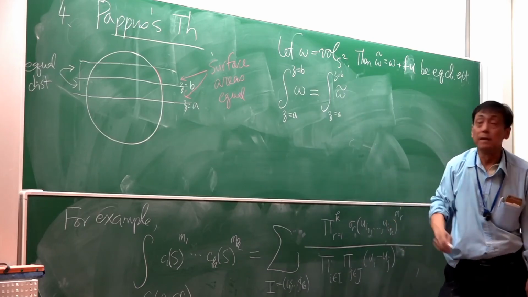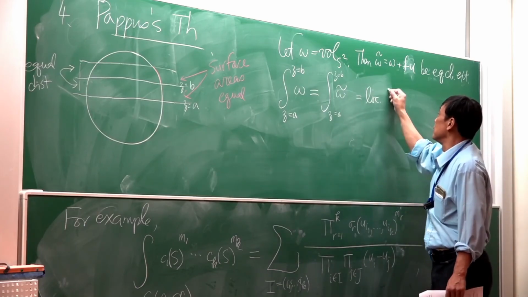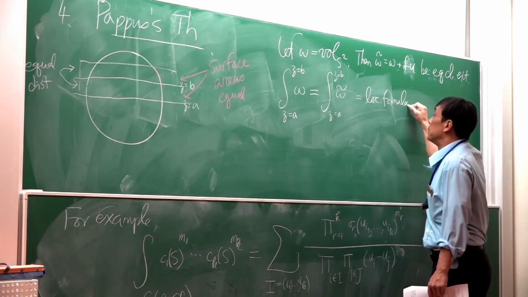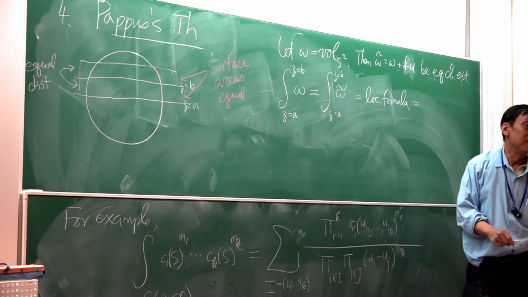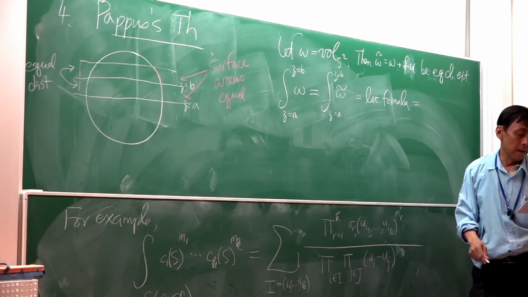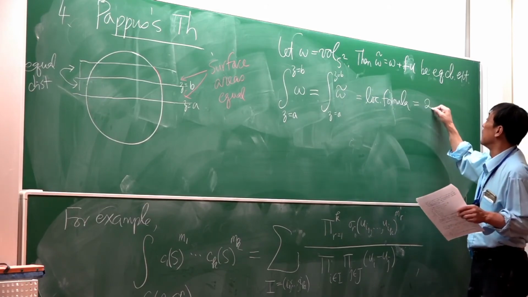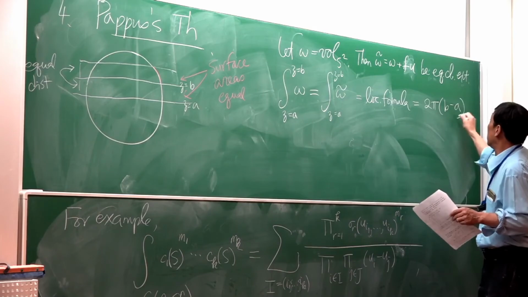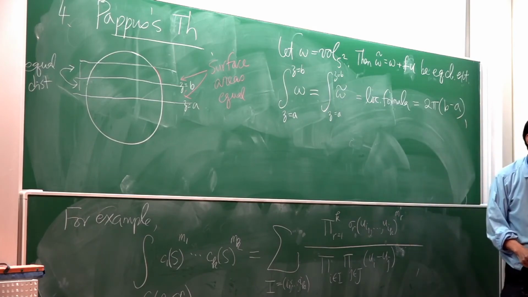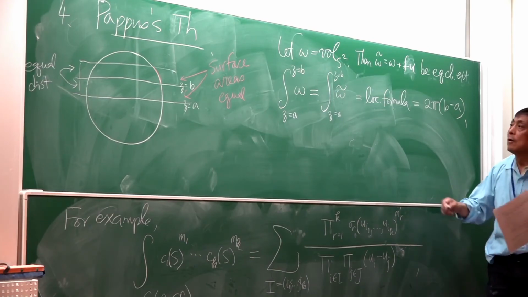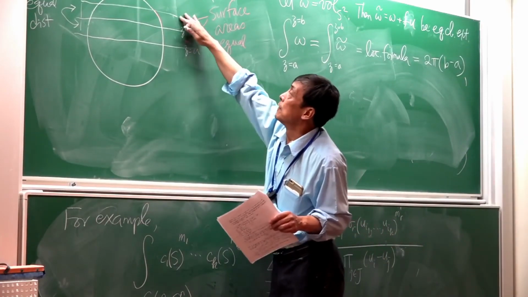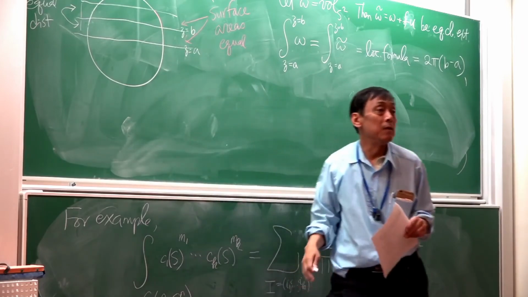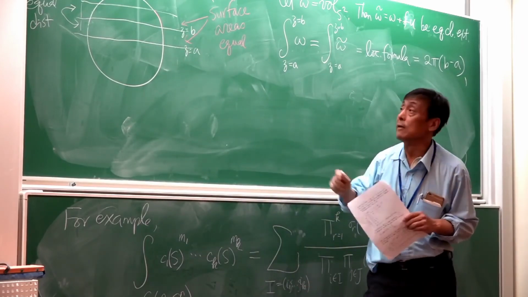Then you can use the localization formula to calculate this integral because omega is equivariantly closed, and you get 2 pi times (b minus a) as your answer. So that proves that if the vertical distances are equal, then the surface areas are equal.